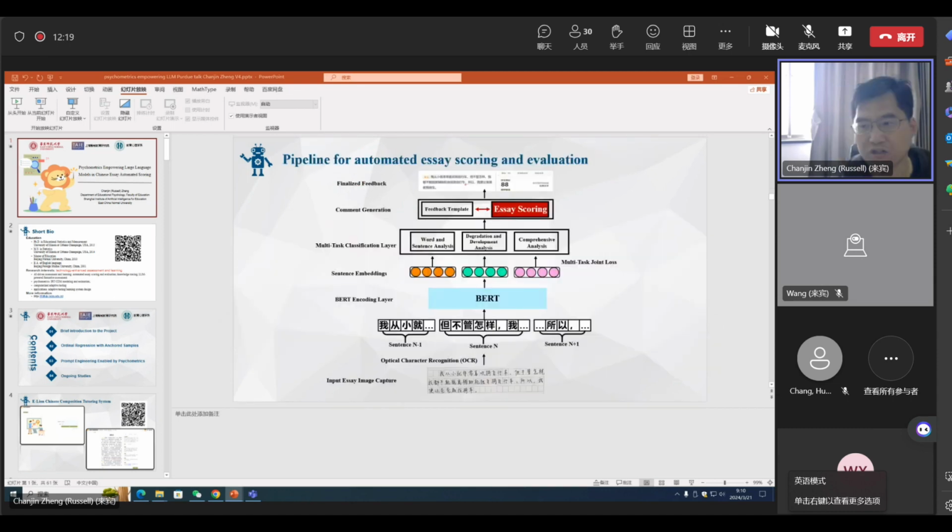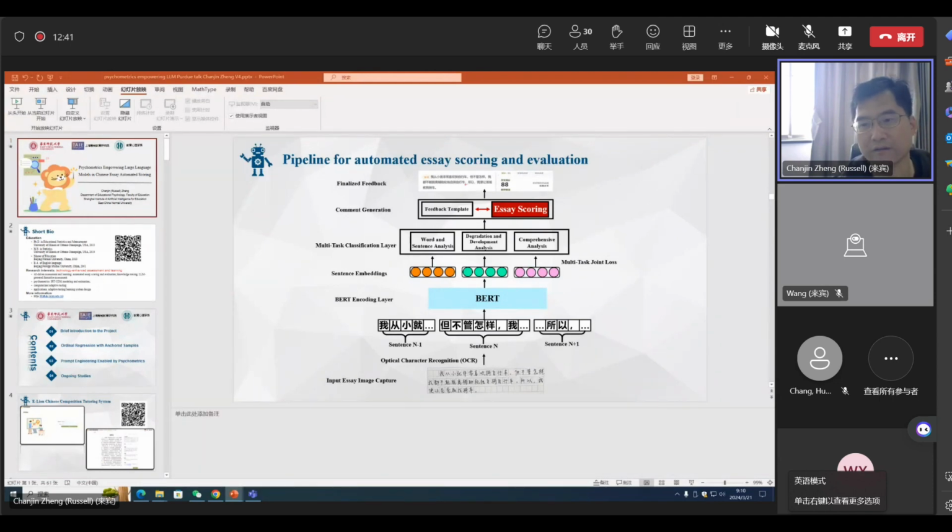Here is the whole picture of our scoring algorithm. We have the handwritten essay scanned into our system, processed by the BERT engine, which gives us different layers of text features that can be used for feedback generation and scoring.